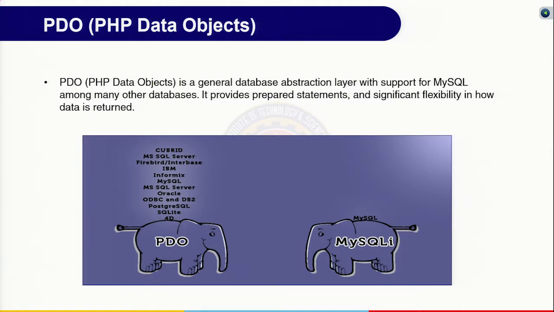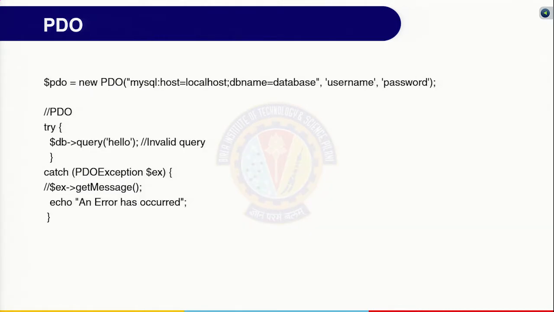It also supports prepared statements and gives us significant flexibility in how data is fetched from the database. The only difference is that using PDO, you can access around 12 different databases, but with MySQLi, you can access only the MySQL database. All the functionalities available with MySQLi are also available with PDO.